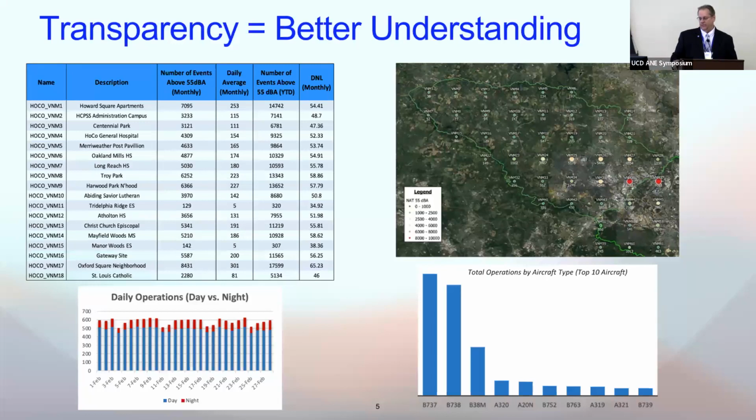We can break it down into any category that you want as far as aircraft types, engine types, whatever, and it's customizable. So we have worked with the community around BWI to get the metrics and the graphics and the report in such a fashion that it is most easily digestible by the layperson.